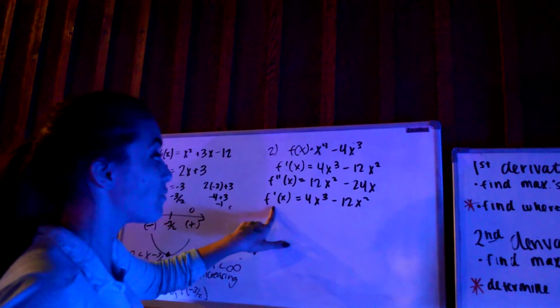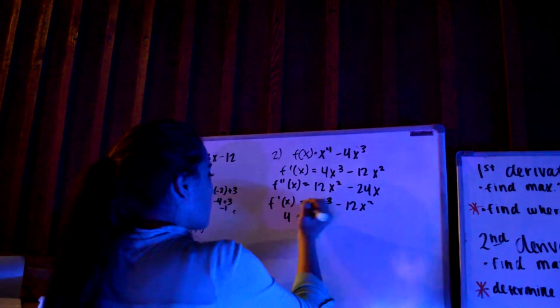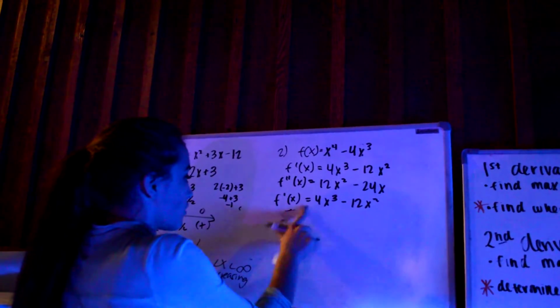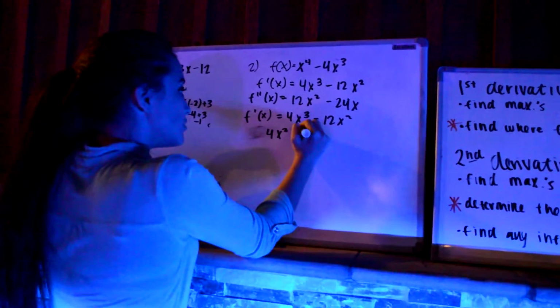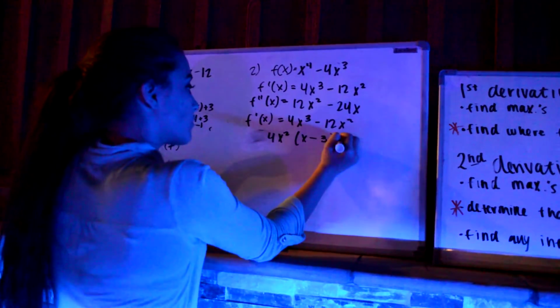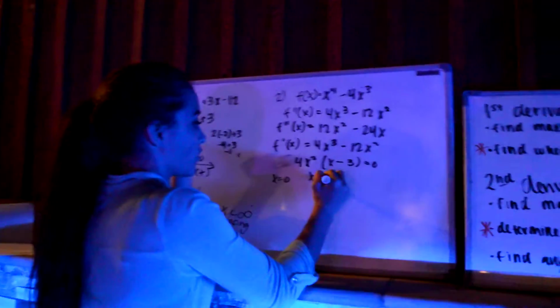So that means f prime of x, because f prime of x is a slope, is where this is 0. And so that's why we take the first derivative. Okay, set this equal to 0, you get x equals 0 and x equals 3.